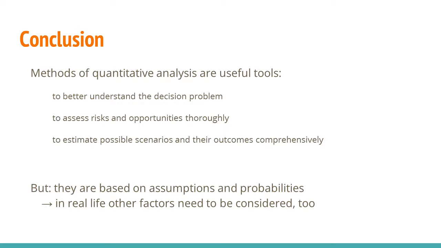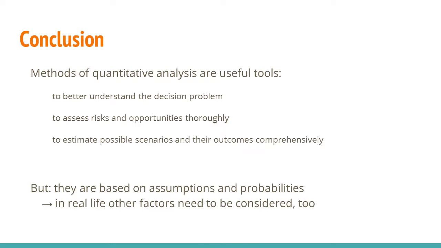In compiling this report, we have used different methods of quantitative analysis. Methods of quantitative analysis can help to better understand problems, to assess risks and opportunities. They help to estimate possible scenarios and their outcomes in a comprehensive way.